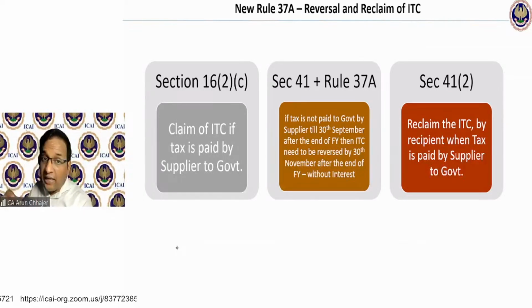Now we are entering rule 37A. Some discussion has already happened on 37A. What is 37A? It talks about the case where the supplier has not filed the GSTR 3B, let's say for financial year 23-24.